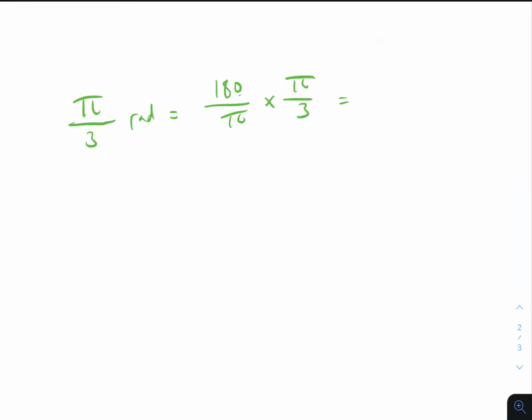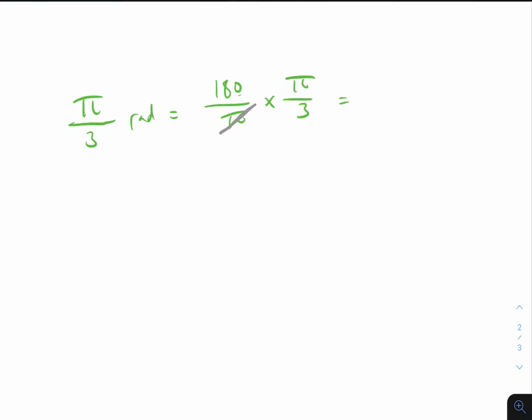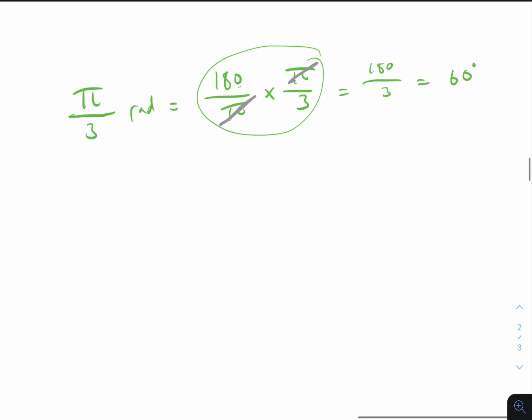Now, you could use a calculator here, but you shouldn't need to. If we cancel out, you're left with 180 divided by 3, which is equal to what? If you can't follow this, that's fine, don't worry about it. Just do it in a calculator and you'll see it comes out to be 60 degrees. So pi over 3 radians is equal to 60 degrees.